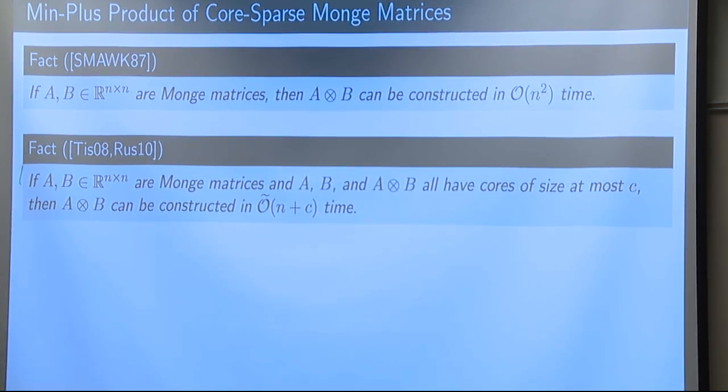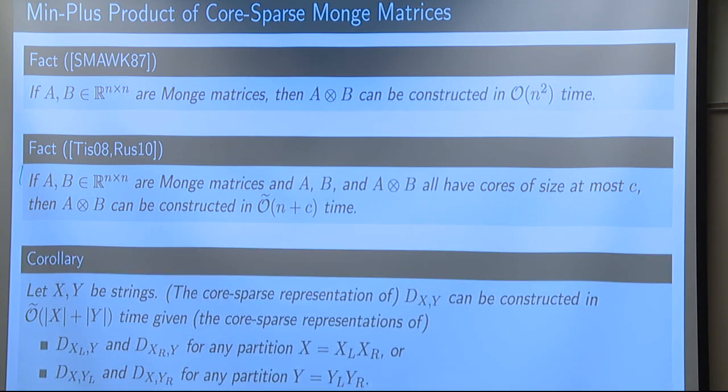And this result was first proved by Tiskin in 2008 for a special case of so-called unit Monge matrices, where these points in the core are one in every row and one in every column. But then Russo generalized it to arbitrary matrices with small core, paying some more log factors, which I'm anyway hiding in this O tilde notation.